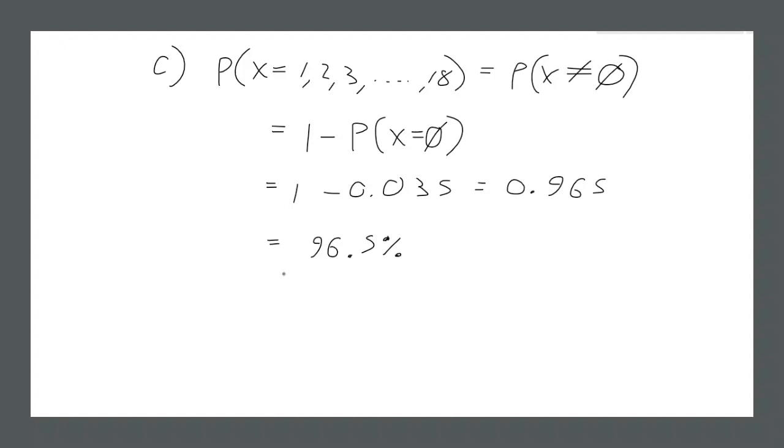Not guaranteed, but pretty high probability that you will roll at least a single 6 if you roll a dice 18 times. So that's some basic probability questions with the binomial distribution.